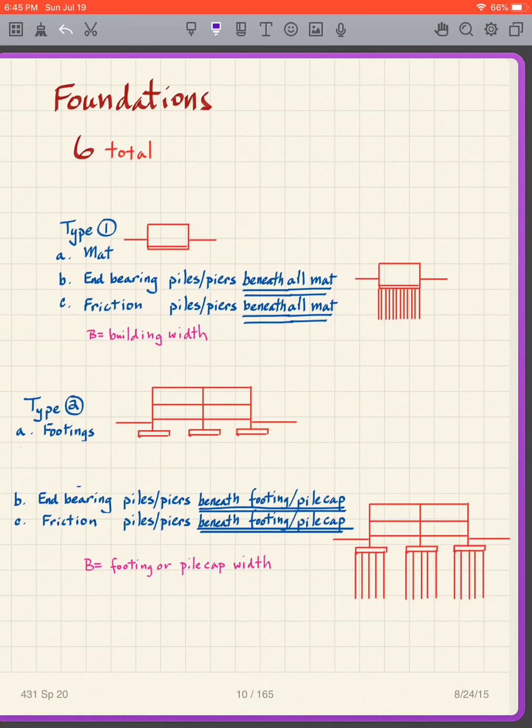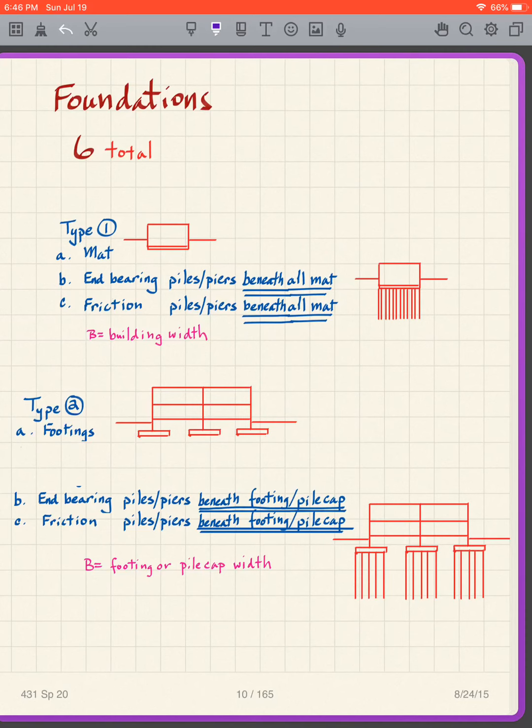You can see that we don't need a whole mat. It's far less concrete, a lot less effort to put in a footing. So if we can get away with footings for our structure, we've come up with our cheapest foundation type. If this works out, that's good. It doesn't work out in a lot of cases, so that's why we have other foundations.